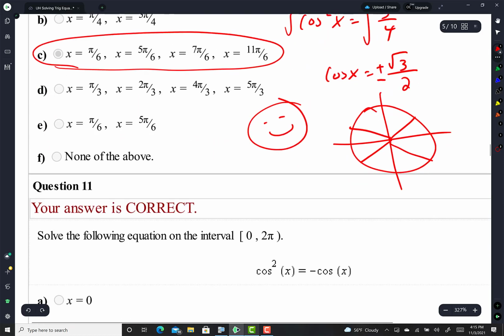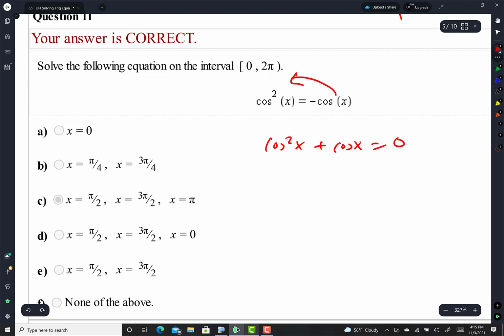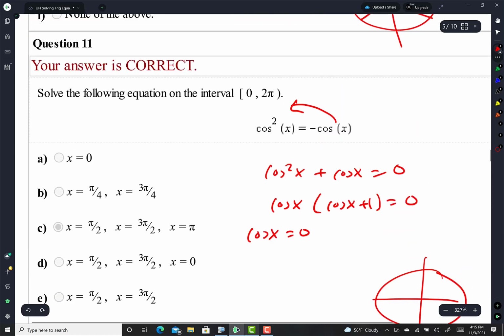Alright, next one. I would move this cosine x to the left. Cosine squared x plus cosine x equals 0. So then I would factor out a cosine x. So then you're going to have cosine x plus 1. Both of these are going to give you answers, guys. Where is cosine x equal to 0? Look on the unit circle, between 0 and 2 pi.